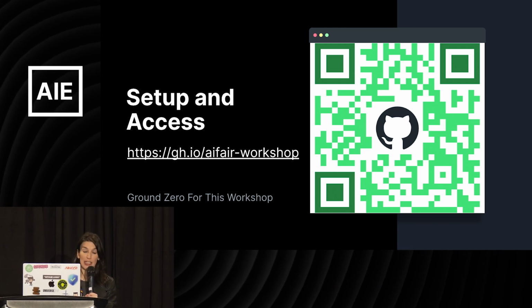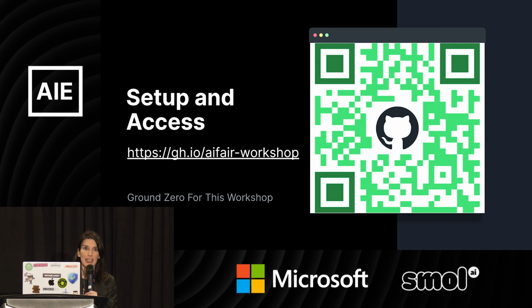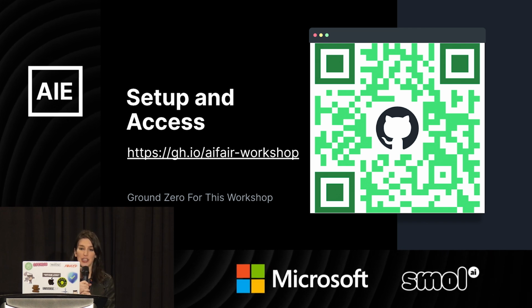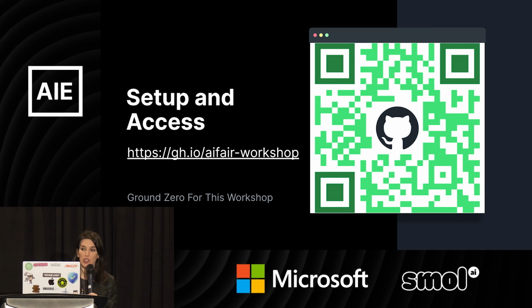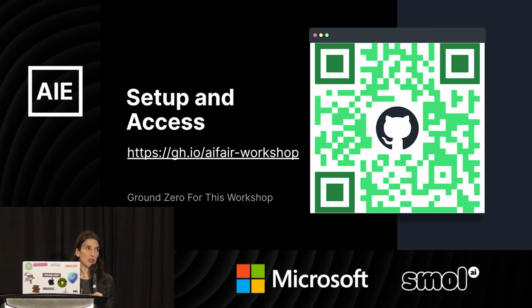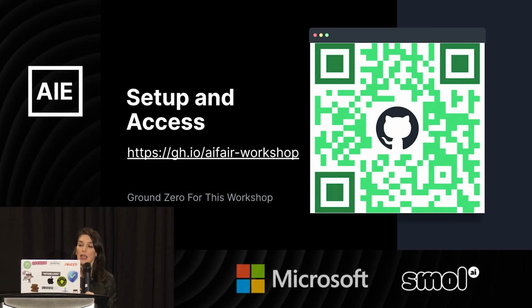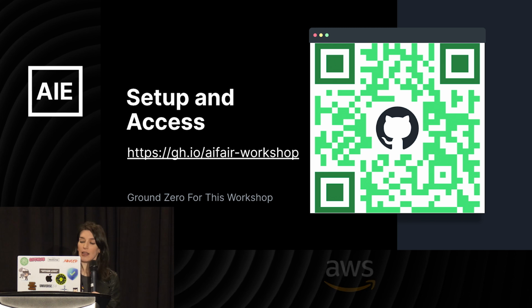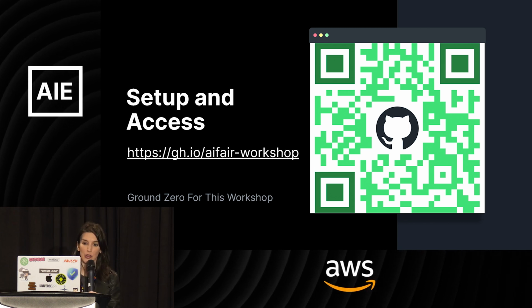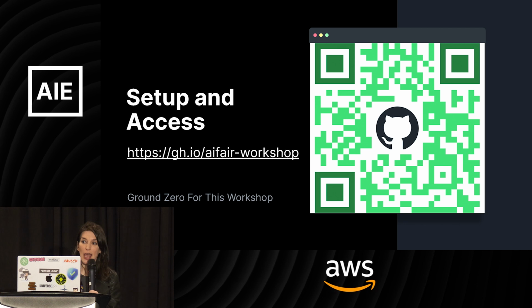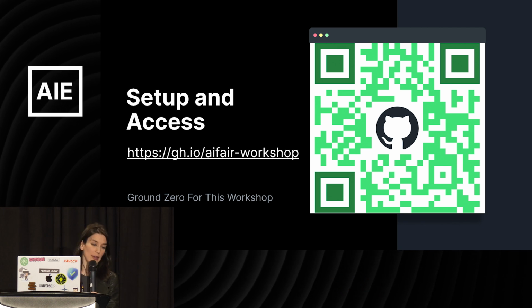This slide deck is also in that repository, so if there's anything you want from that, it has been added as well. This is going to be our central resource and where we're going to be working. I will have this up again a little bit later, but if you want to go ahead and either go to this URL now or use the QR code, that would be great.